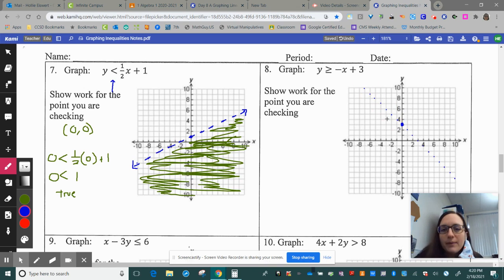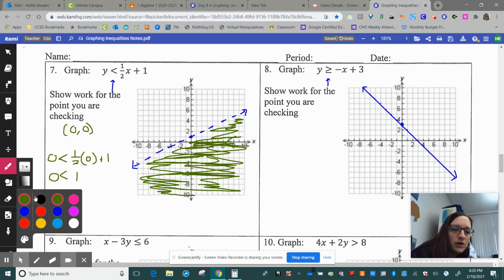Sorry, that took so long. Okay. From here, is this a dotted or solid line? Solid. It's the or equal to. So we are going to connect it with a beautiful straight line like we have been doing. And that looks pretty decent there. Good, good, good. Arrows, nice.